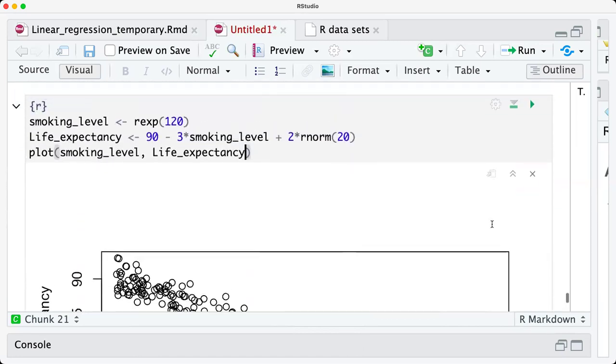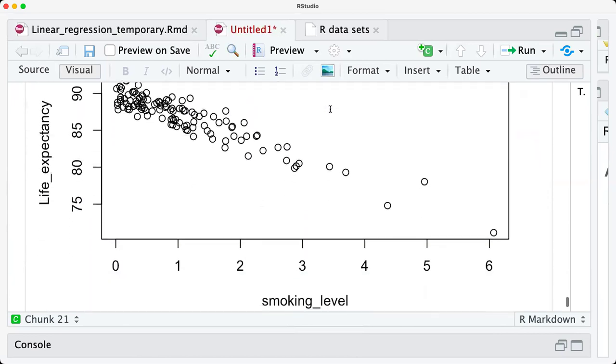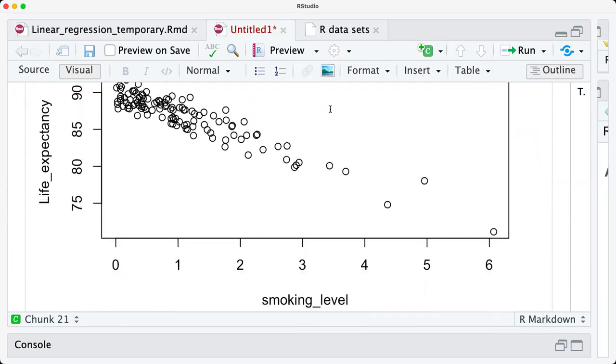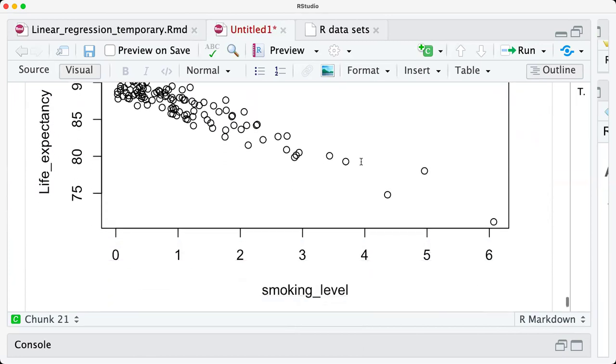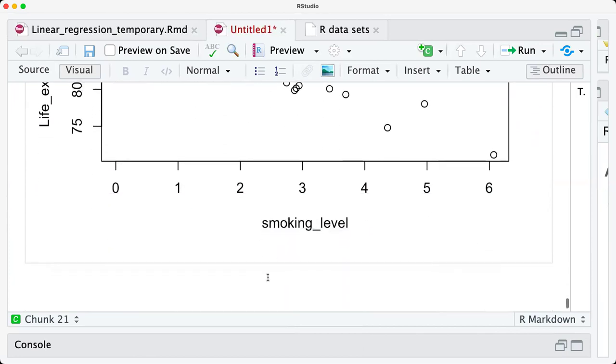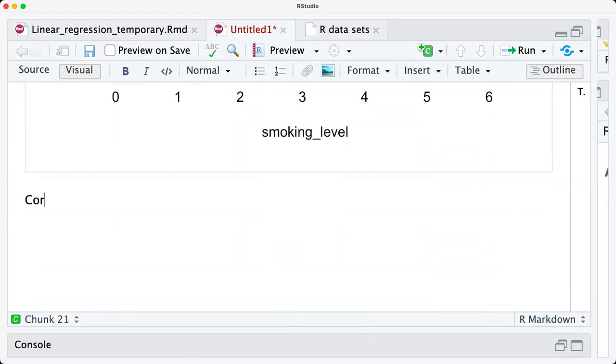Now, at the beginning of statistics, this thing that correlation does not imply causation was well known.